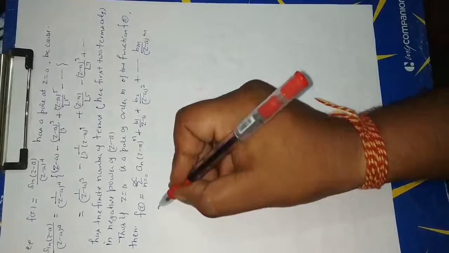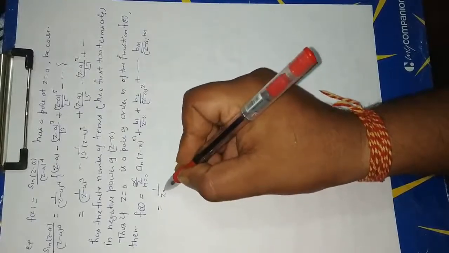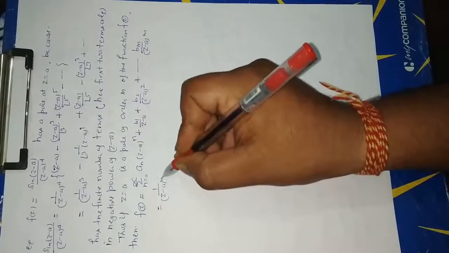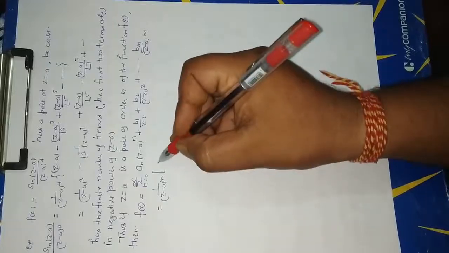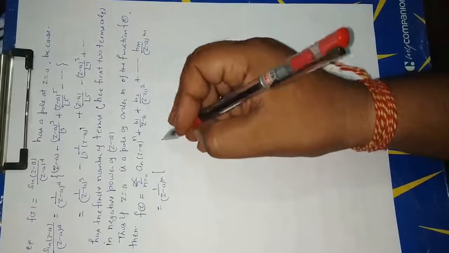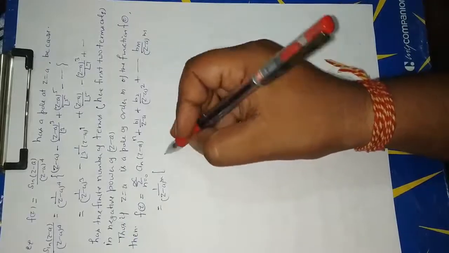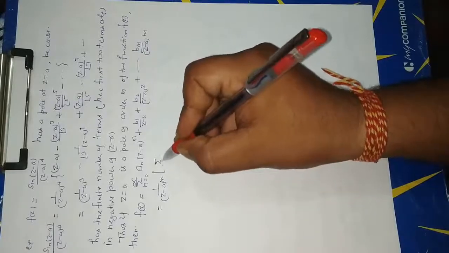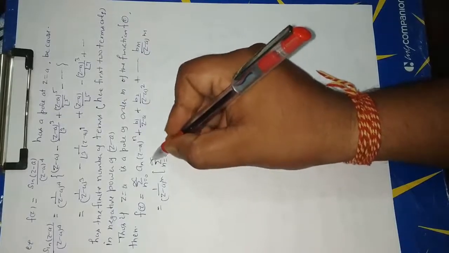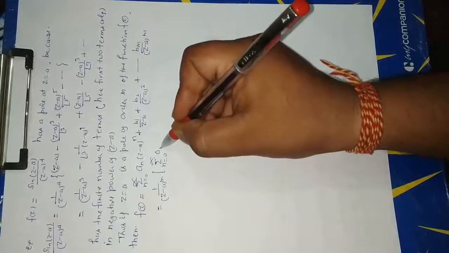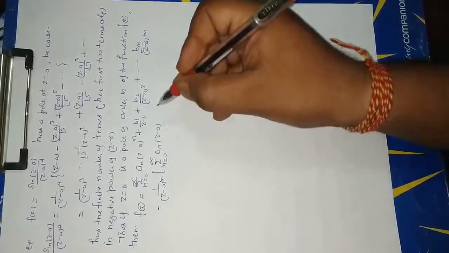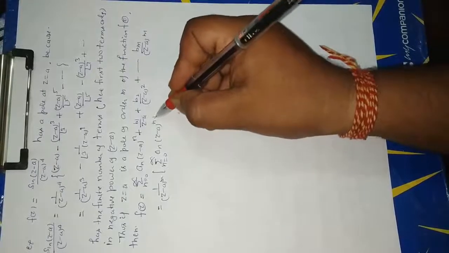Now take common 1 upon (z minus a) whole power m. Now in the bracket, summation n equal to 0 to infinity a_n (z minus a) whole power n plus m.